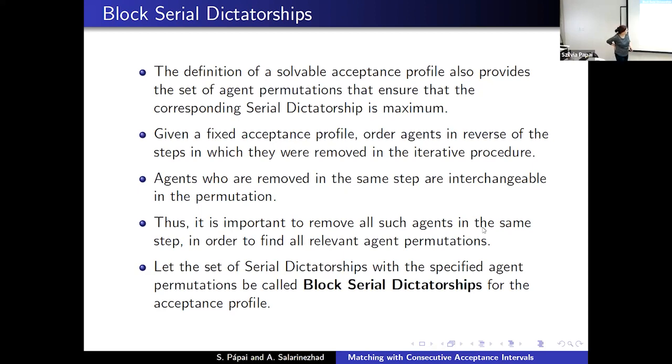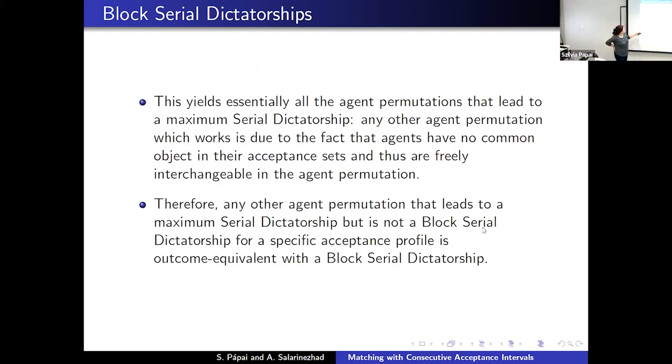Let me say that, strictly speaking, this doesn't give us all the agent permutations that work, what we call the block serial dictatorships, but all the others are outcome equivalent. The ones that we don't capture this way are the ones where two agents don't have a common object in their acceptance sets.